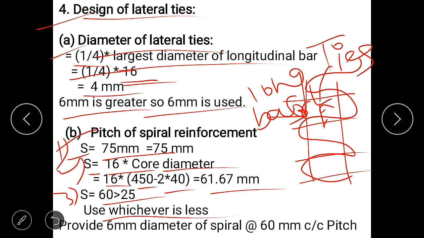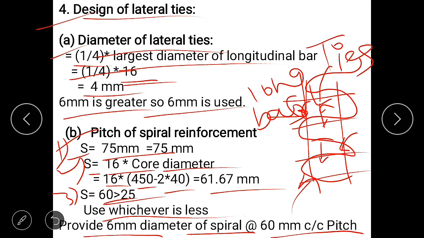In this, 60 is less, so provide a 6 mm diameter spiral at 60 mm center to center pitch. Okay, so here the spacing is 60 mm, the diameter of the spiral is 6 mm, and the longitudinal bar diameter is 18 mm.